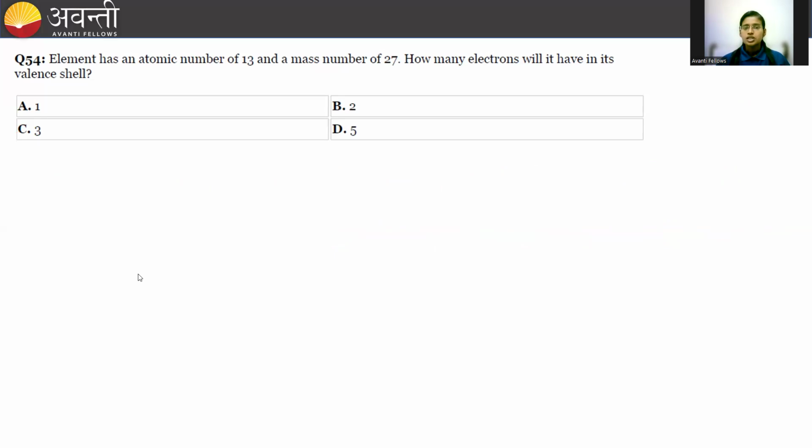Yeah, the next is question number 54. The element has an atomic number of 13 and a mass number of 27. How many electrons will it have in its valence shell? So from the question, it is given like the atomic number is 13 and the mass number is 27.